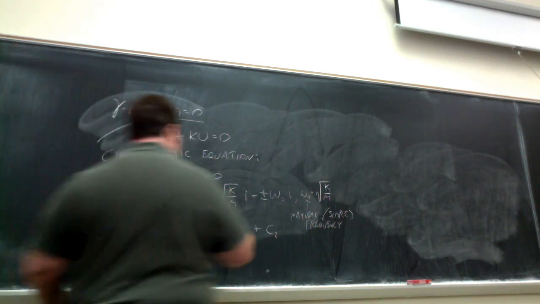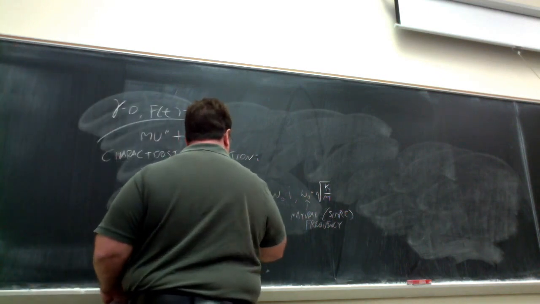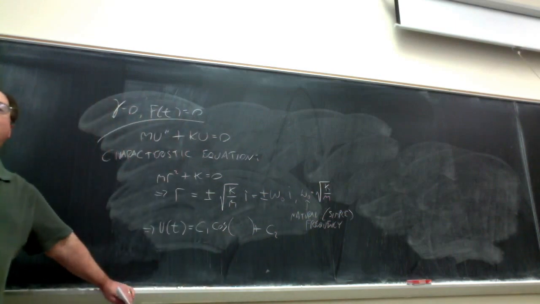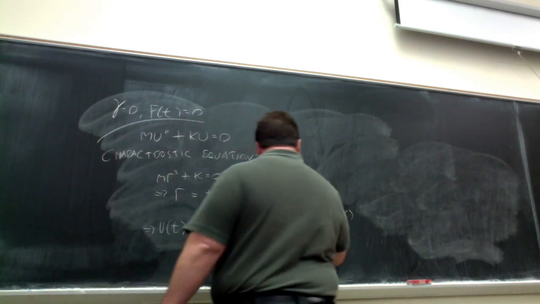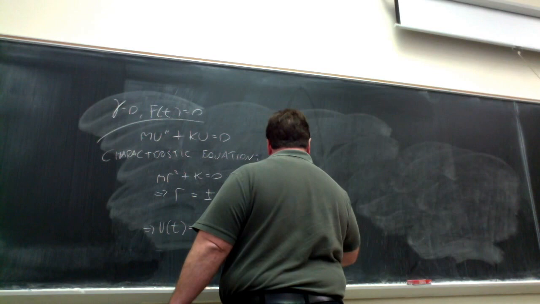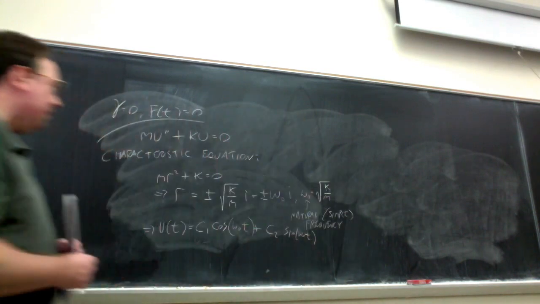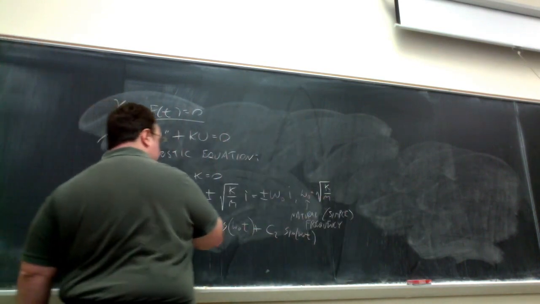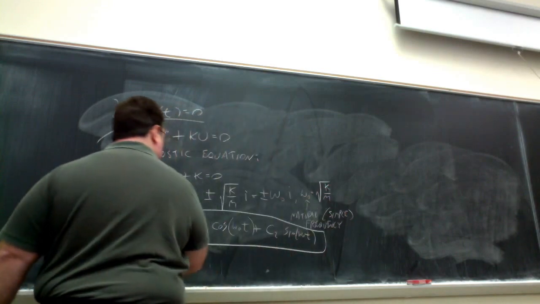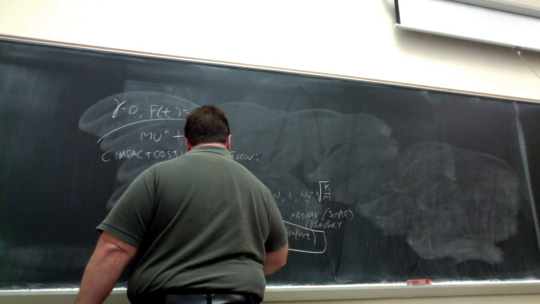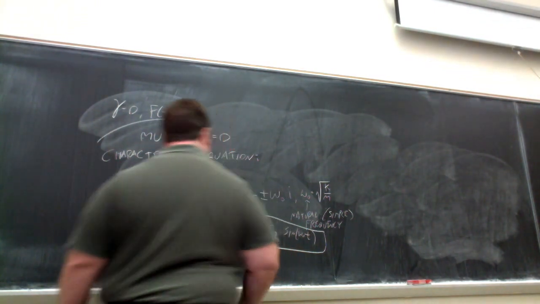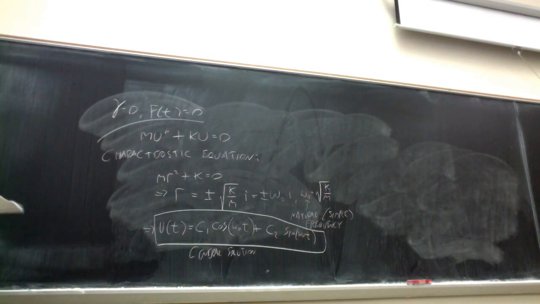So if I fill in cosine of what? Omega naught t, I think I heard someone say. And then sine omega naught t. Okay, so this is the general solution. And then, like usual, you would use your initial conditions, if given, to find C1 and C2.